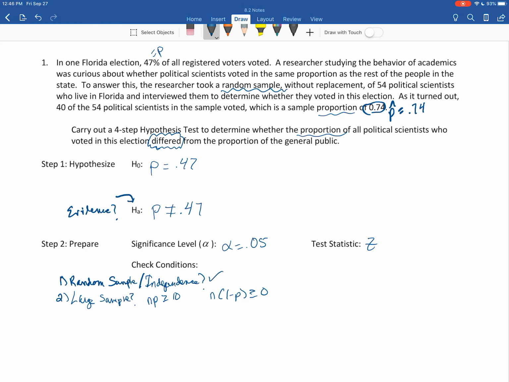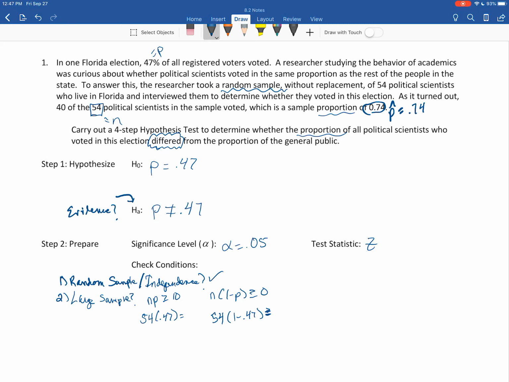Our n would be 54. And our p we already had labeled, that's 0.47. So we want to check, is that greater than or equal to 10? And is n times 1 minus p greater than or equal to 10?